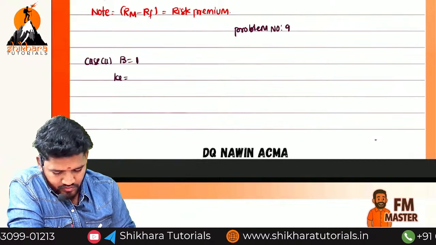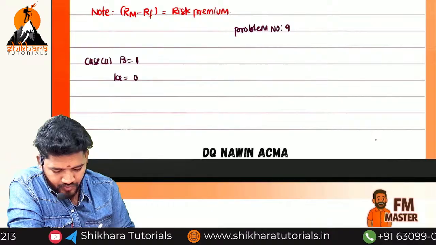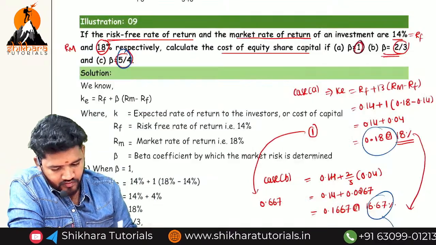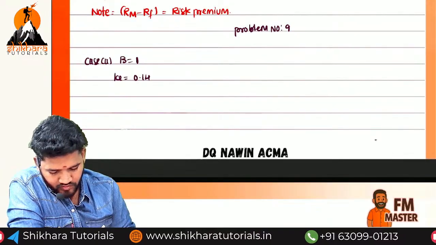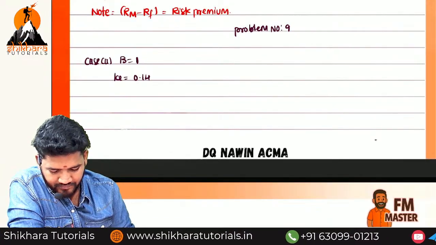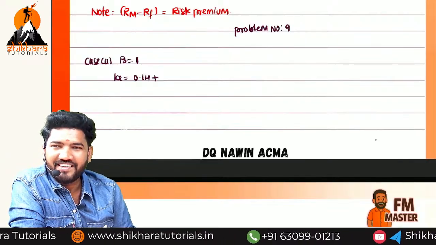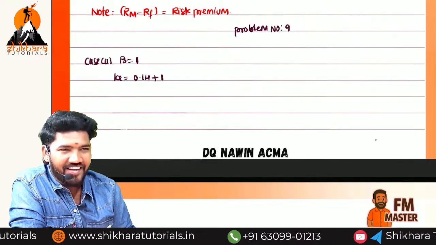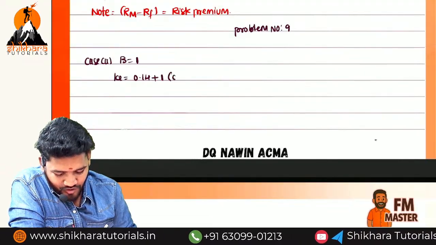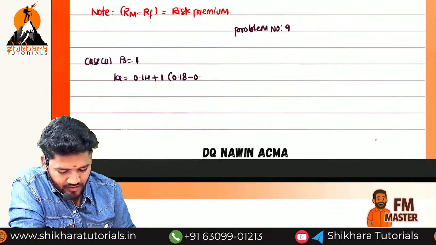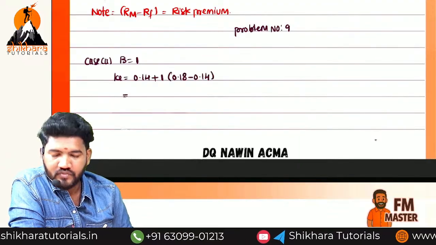K equals RF 0.14 plus or minus? What formula? I forgot. Plus only: plus 1 times RM 0.18 minus RF 0.14. Answer: 18%.